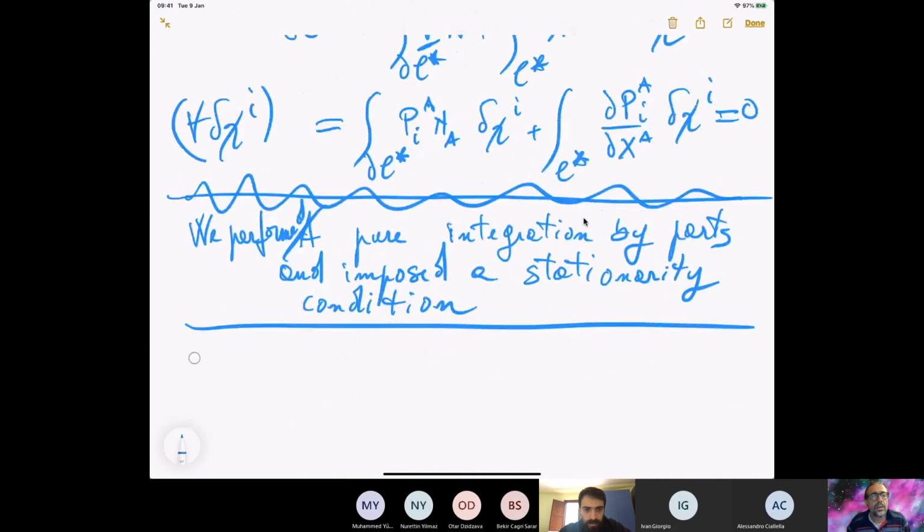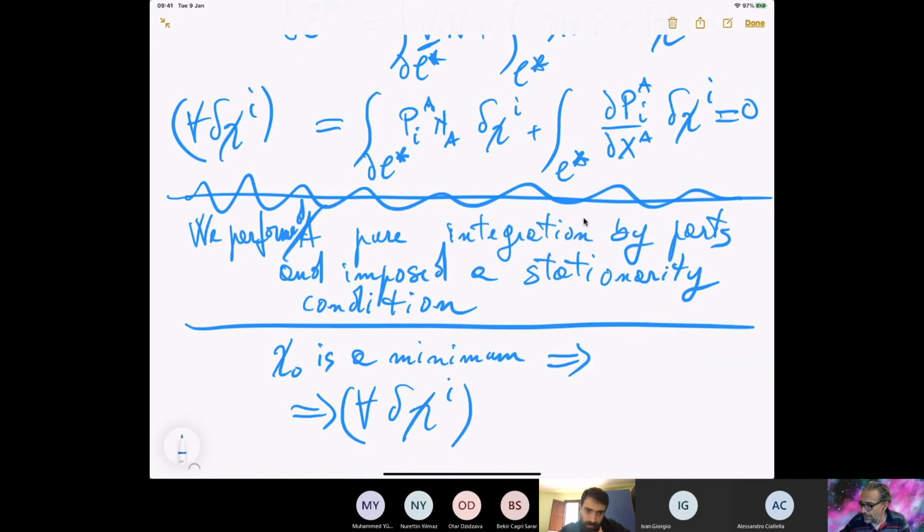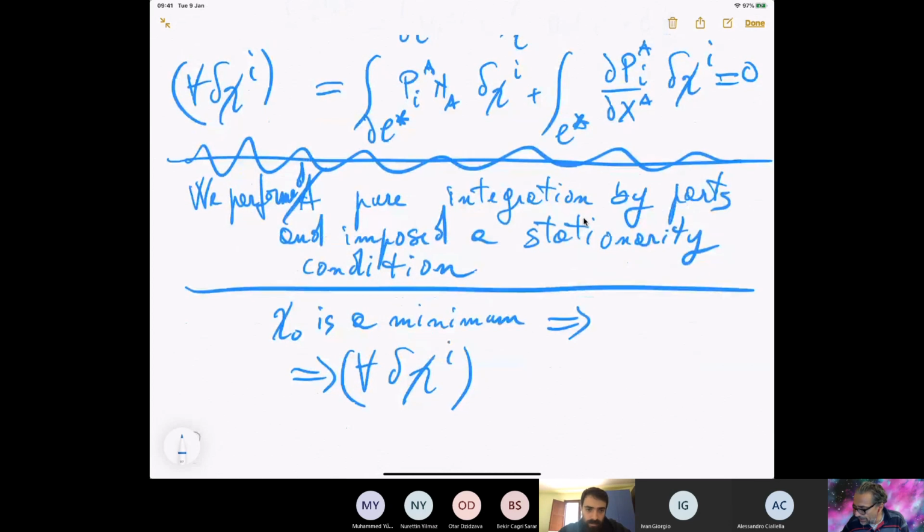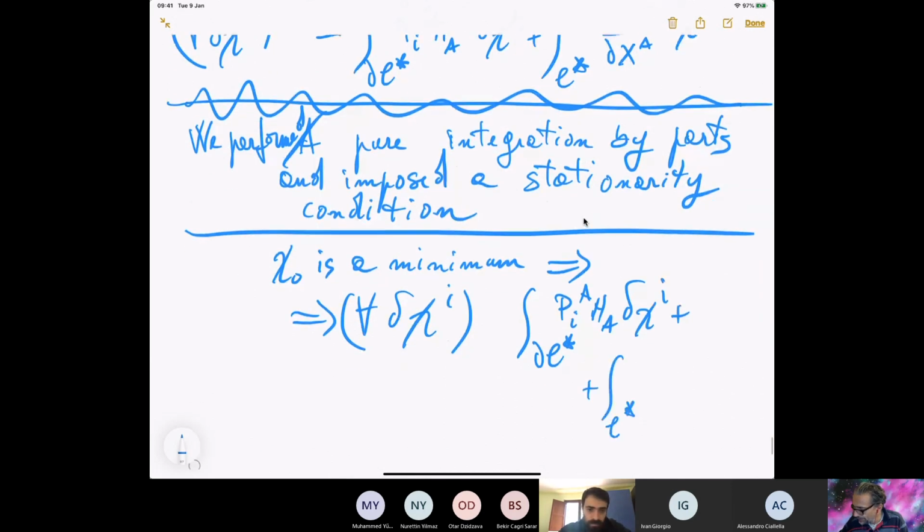So chi_0 is a minimum, which implies that for every delta chi_i, the integral on the boundary of C star of P_iA n_A delta chi_i plus the integral over C star of dP_iA over dx_A delta chi_i is equal to 0.